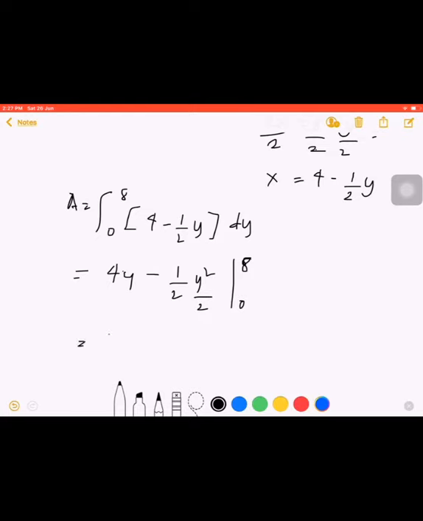So let's simplify this one: 4y minus 1/4 y squared, evaluated from 0 to 8.